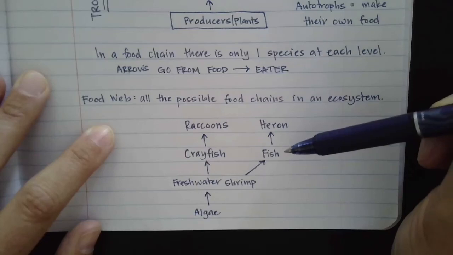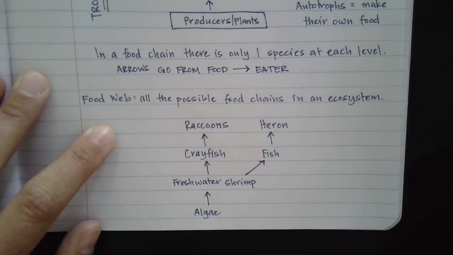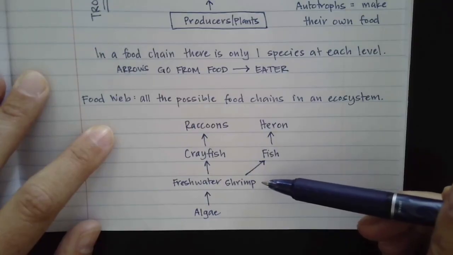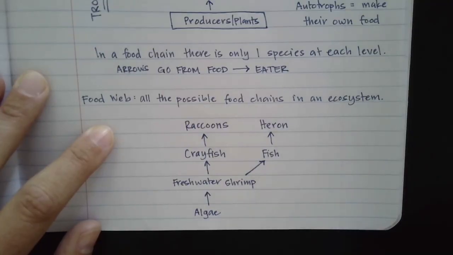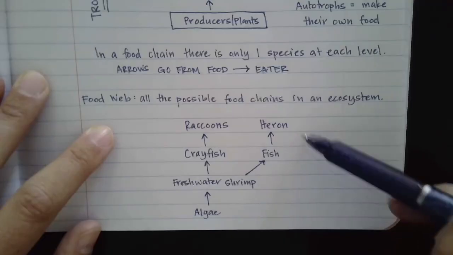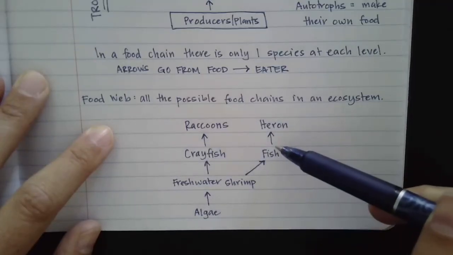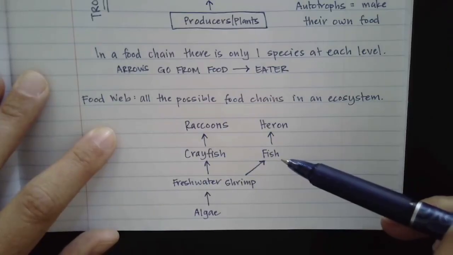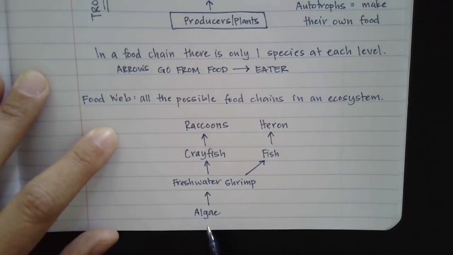Fish are secondary consumers, which means that my freshwater shrimp then are primary consumers. All of these things are consumers. They're all eating something, which means that they are heterotrophs. Algae is a producer, therefore it is an autotroph.